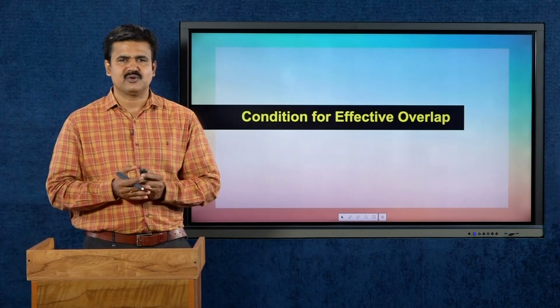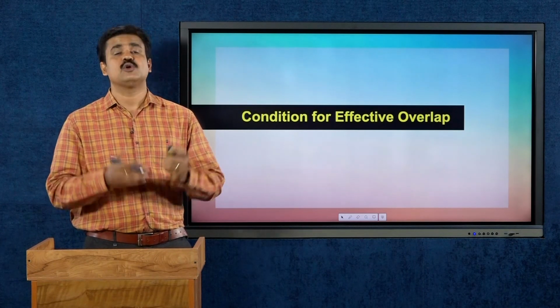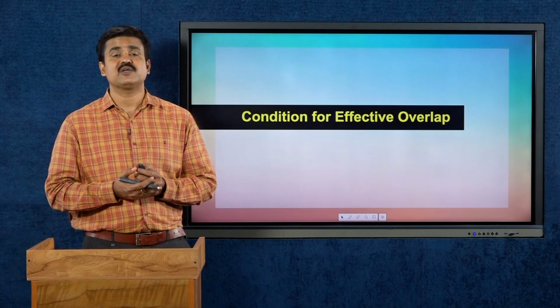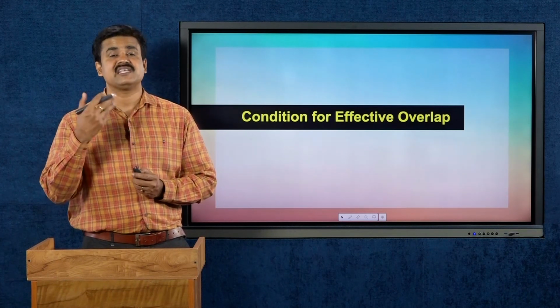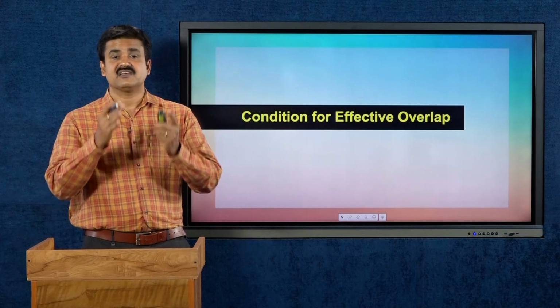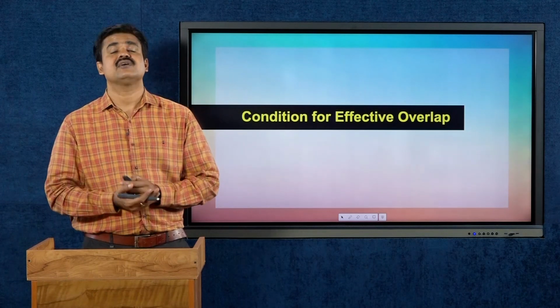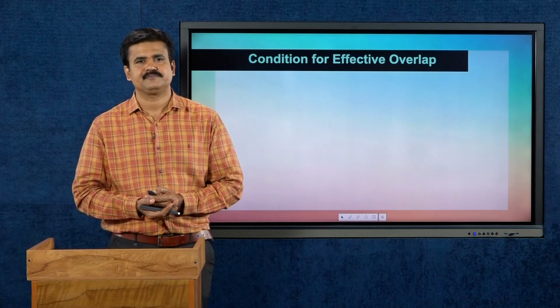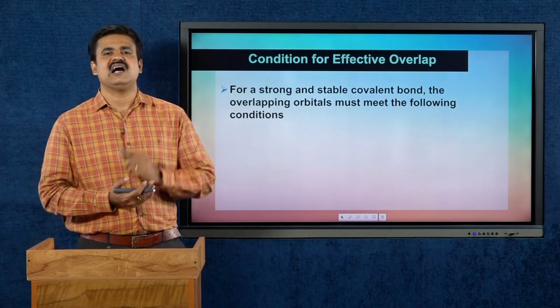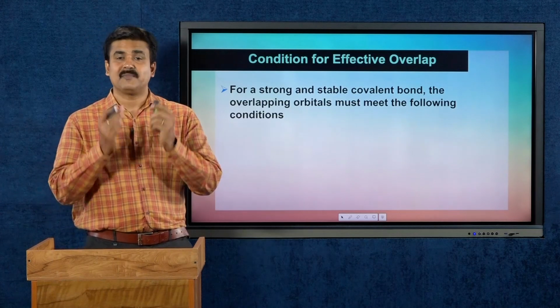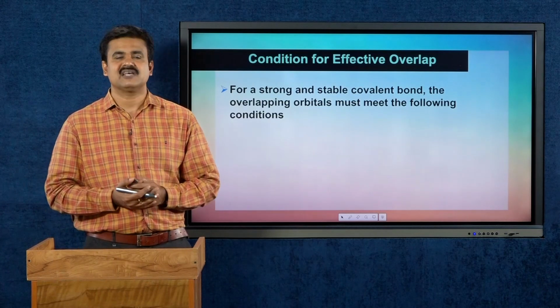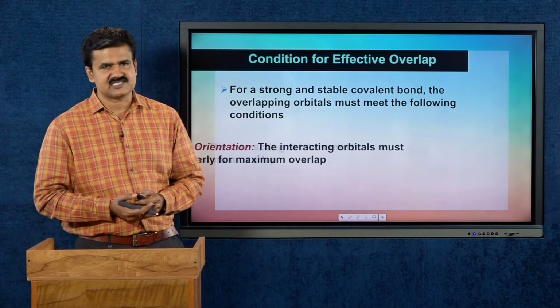Now we are looking at under what condition the overlapping between two atomic orbitals is maximum, and under what condition the overlapping is minimum. That is why we are focusing on condition for effective overlap. For a strong and stable covalent bond, the overlapping orbitals must meet the following conditions.